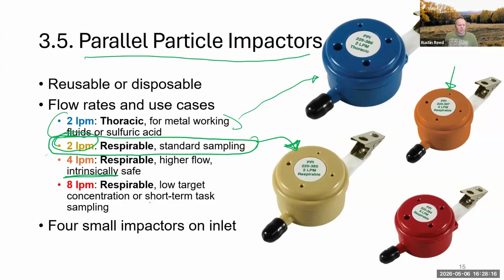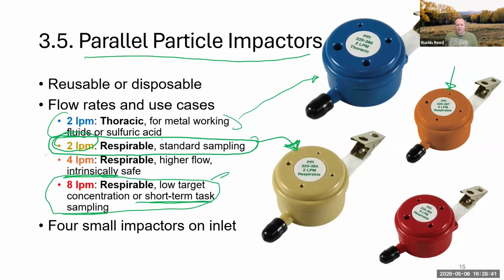If you are sampling a very short-term task, or if you are concerned because you believe the sample concentrations are very, very low, then you might want to use the red one here, the 8 liters per minute. That's a pretty high flow rate. And again, those are the reasons why I might use that.